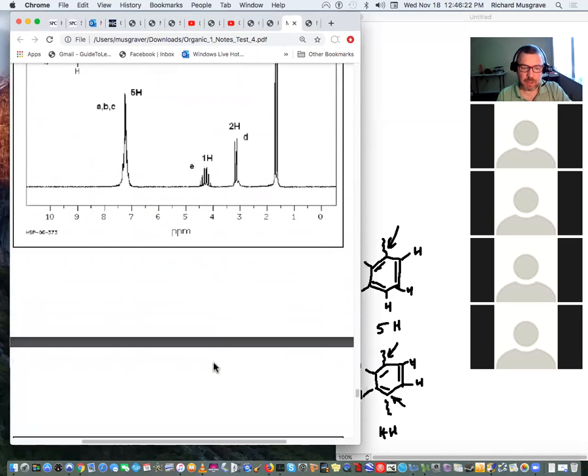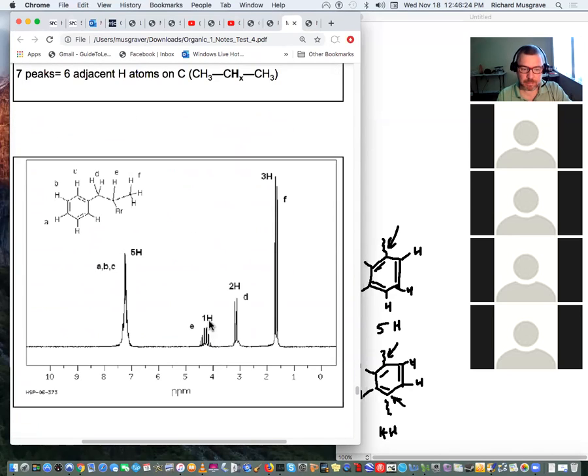Let's focus on the 1H over here. The 1H is this one here that I'm circling with my cursor. You all can see my cursor, right? Yes? Good. So that's the hydrogen. So here's the rule. If there are n peaks, let's see, it's 1, 2, 3, 4, 5, 6. There's 6 peaks there. That means there must be 5 adjacent hydrogens.